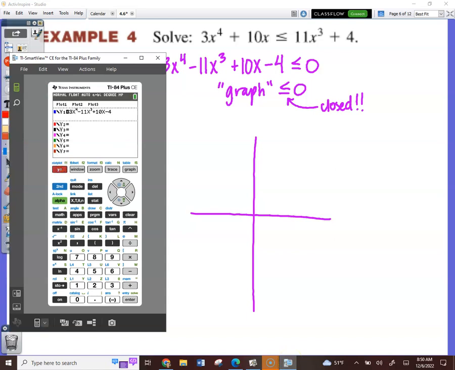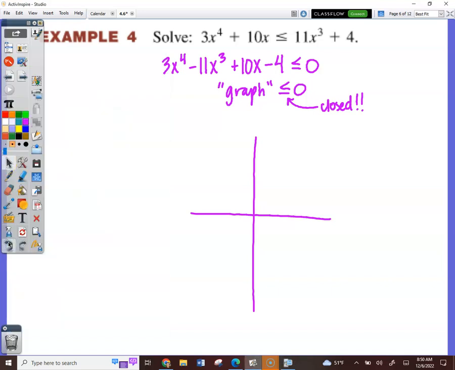Yours is different. Oh, when you subtract it over. So it's going down, coming up, bouncing. All right, so we put this in black.